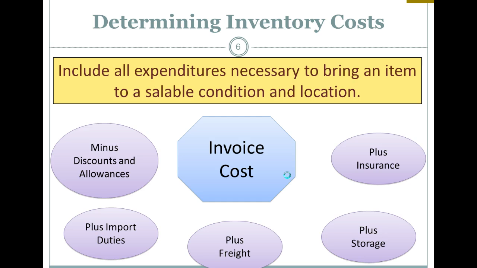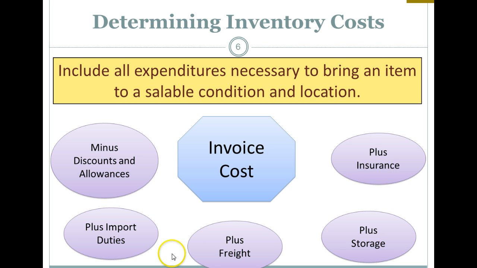So determining your inventory costs, you need to include all expenditures that were necessary to bring the item to a sellable condition as well as location. That includes obviously your invoice cost for the product, but there could be a minus or plus any discounts or allowances, maybe import duties plus freight plus storage plus maybe insurance.